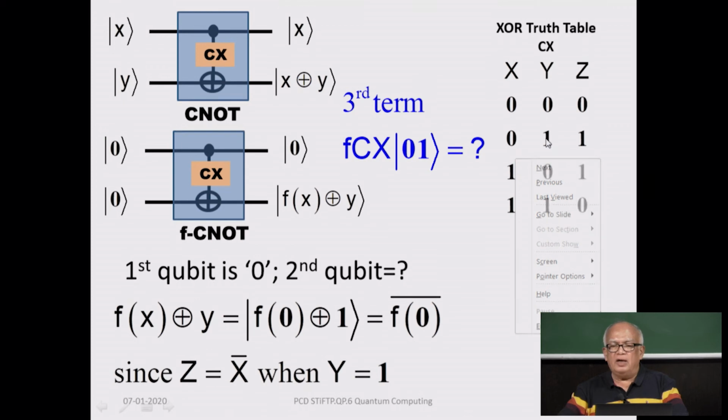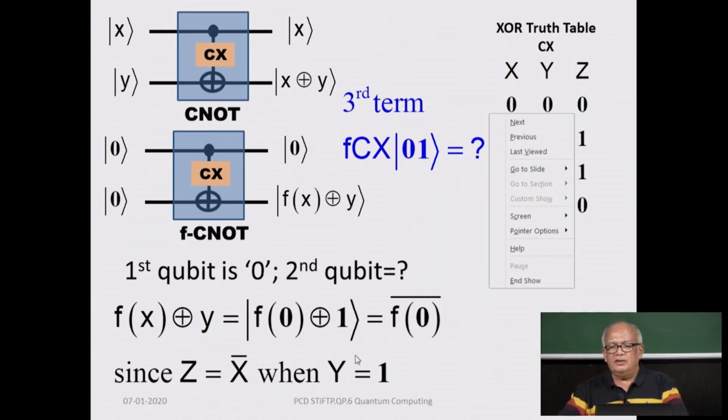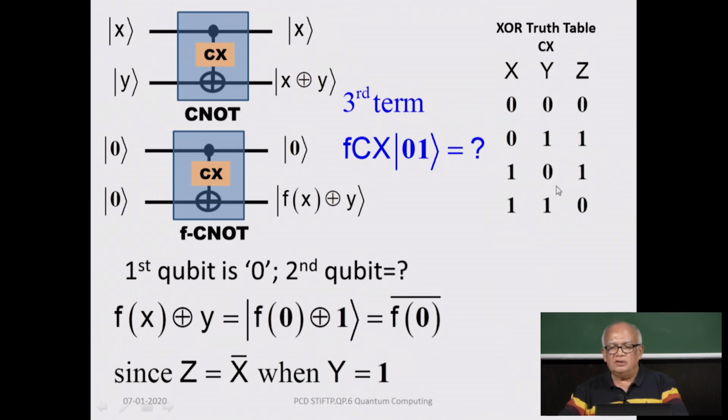When y is 1, z is the opposite of x. Here in the second term again, this mouse is not very sensitive here. So, y is 0, but when y is 1, z is the opposite of 1, and that opposite is what I indicate by this bar on the top. Okay. So, that is the not f, if you like, right.